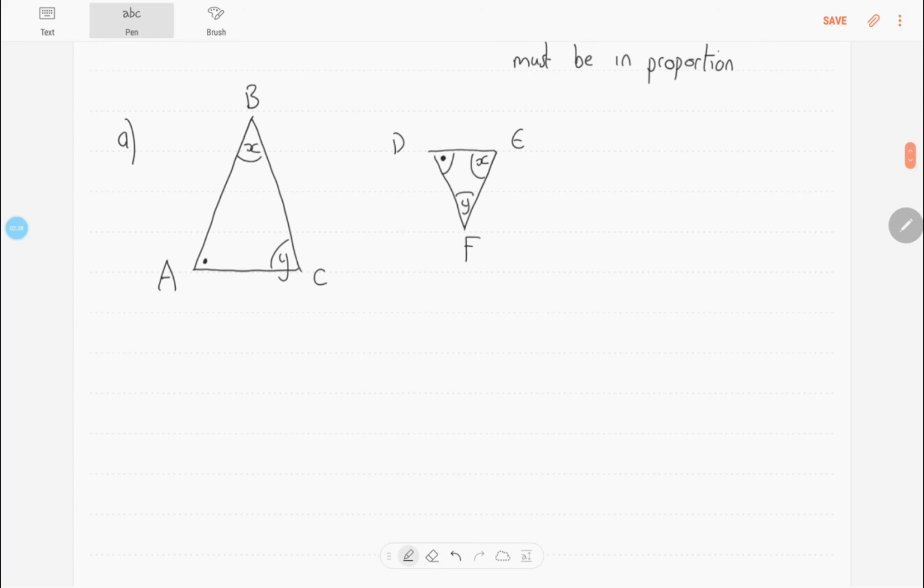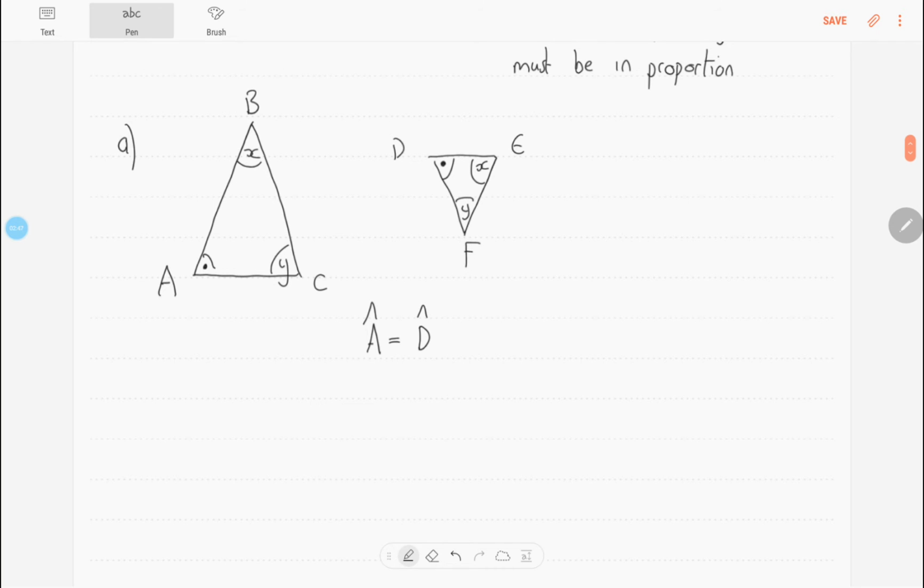We can see from here that angle A is equal to angle D, same symbol. Then angle B is equal to angle E, same symbol, and same logic, angle C is equal to angle F.